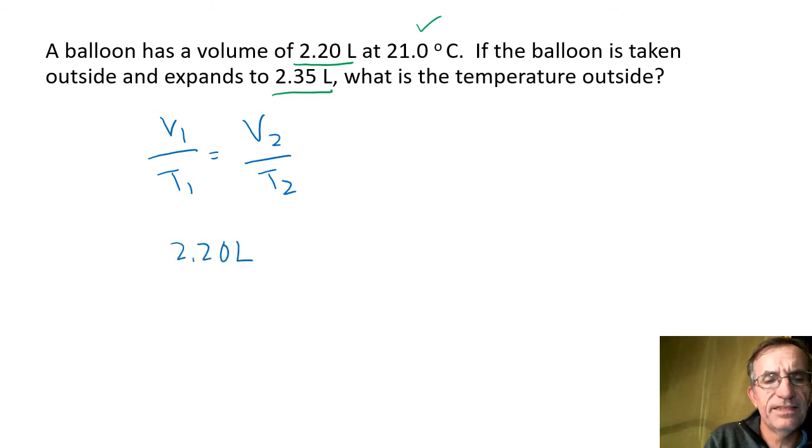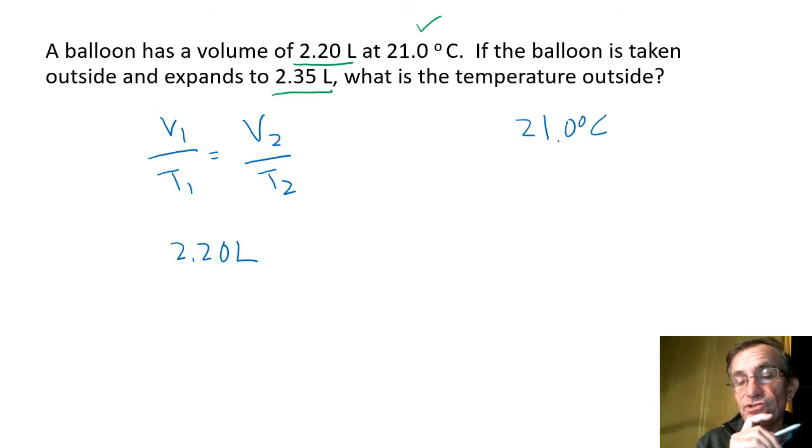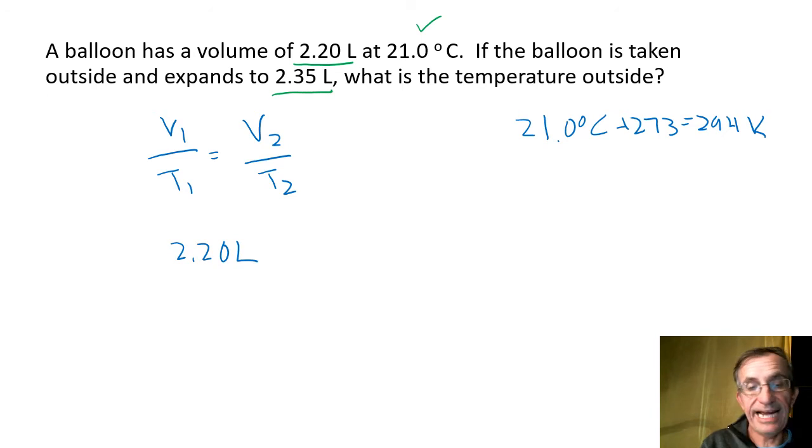At 21 Celsius, that's going to be my beginning temperature. You got to convert it to Kelvin, though. So you add 273, it's 294 on the Kelvin scale. That is my T1.